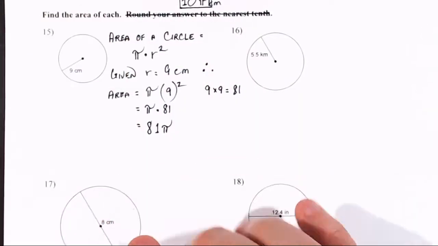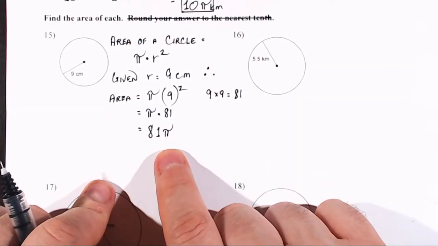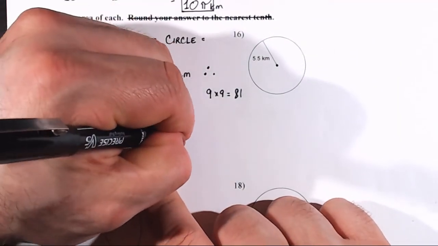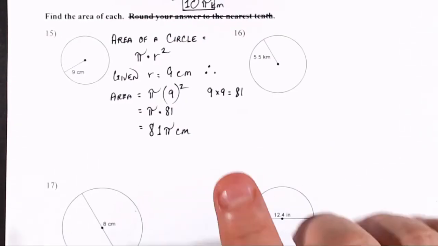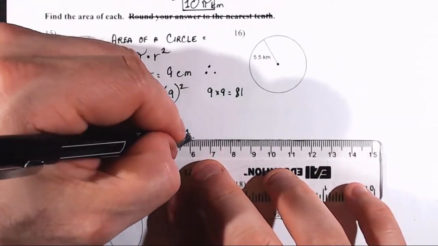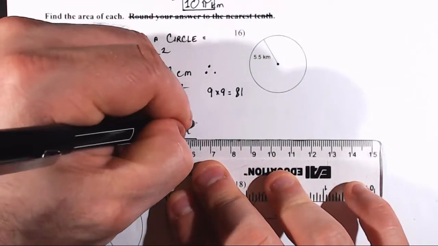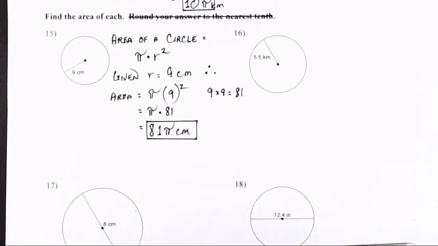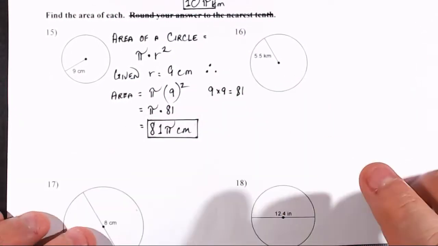We tend to put the pi symbol after the whole number, and then it's centimeters. Okay, 81 pi centimeters is the area of that circle. Again, we're not evaluating pi out to any numbers. We just leave it as pi.